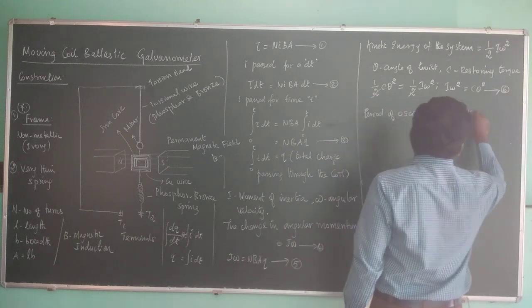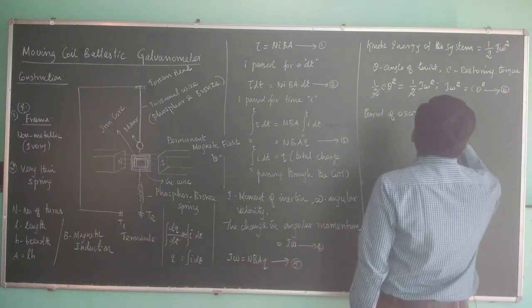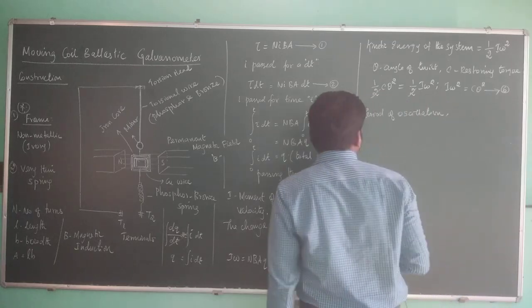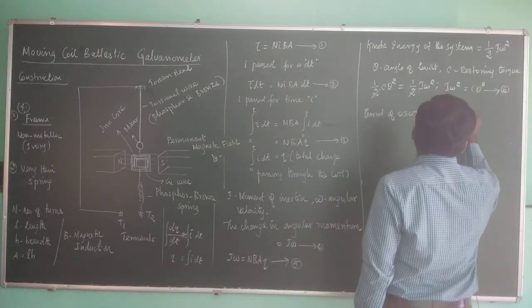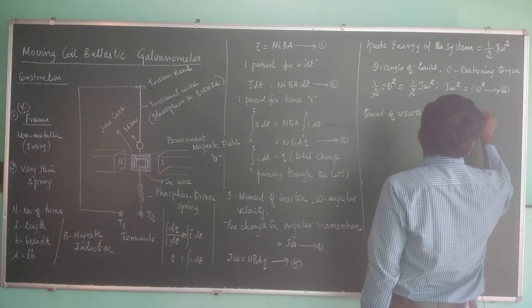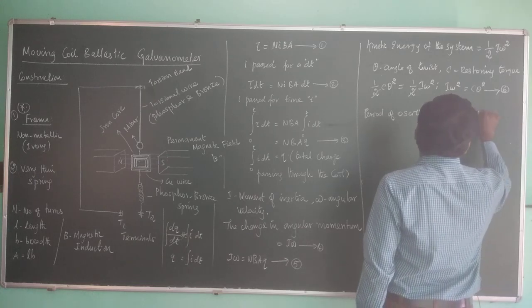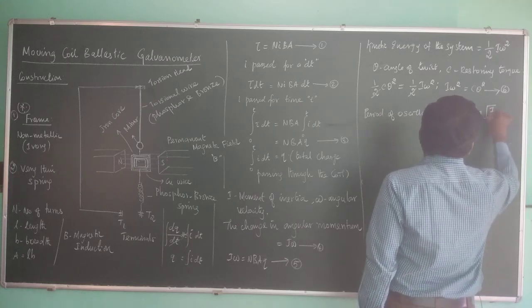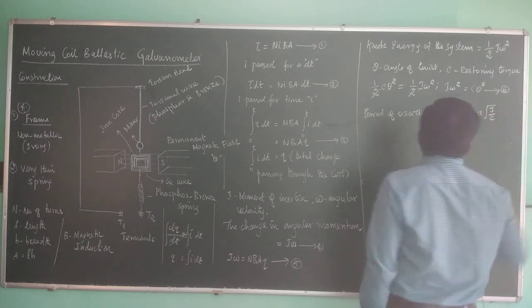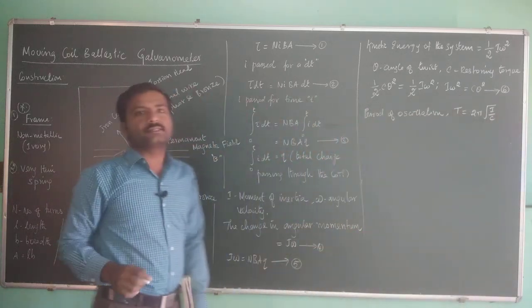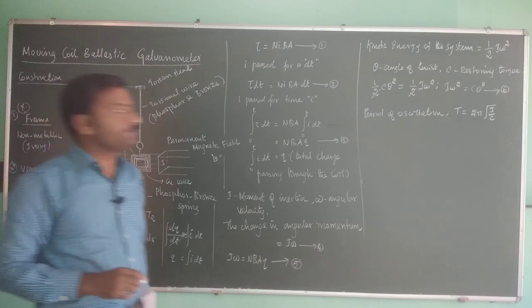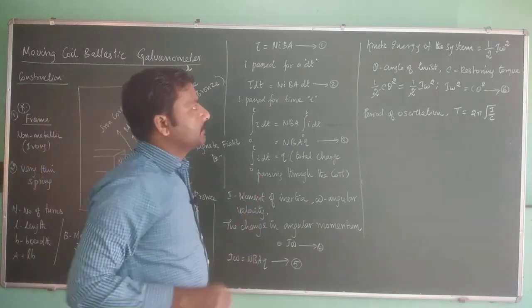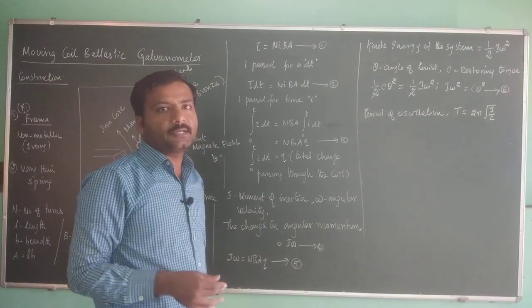The same analogy you can apply here. So the period of oscillation becomes T, which is equal to 2 pi square root of I by C. In this equation, I is the moment of inertia, C is the restoring couple, the twisting couple per unit twist.